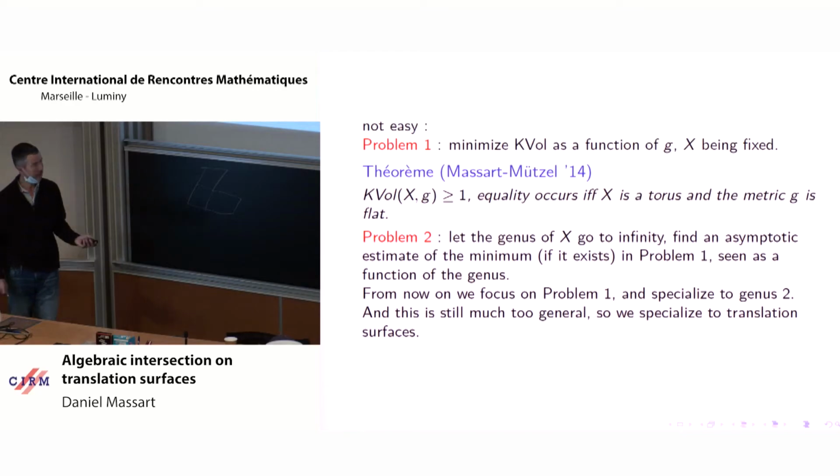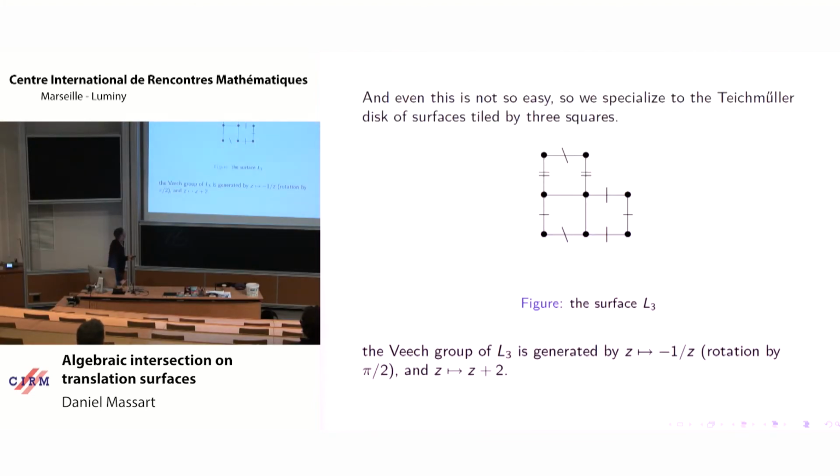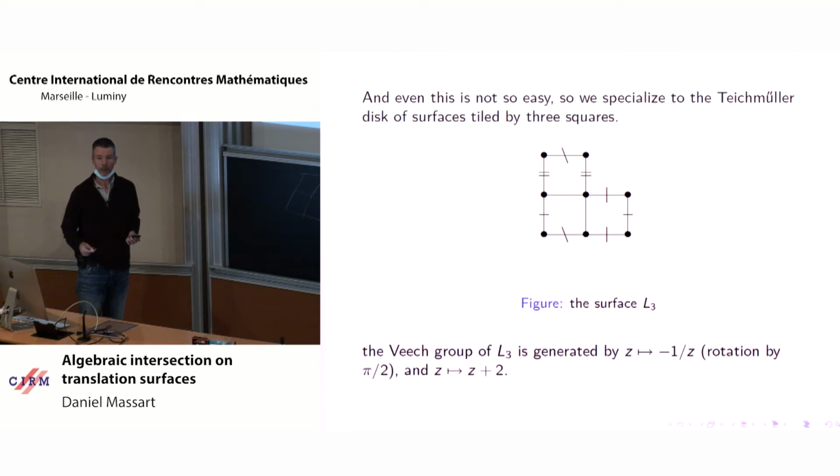And in fact, I'm going to specialize even more to surfaces which are tiled by 3 parallelograms. Example. Such surfaces make up what Vlad Markovich called a Teichmüller curve, which is a complex curve in the moduli space of genus 2 in this case.